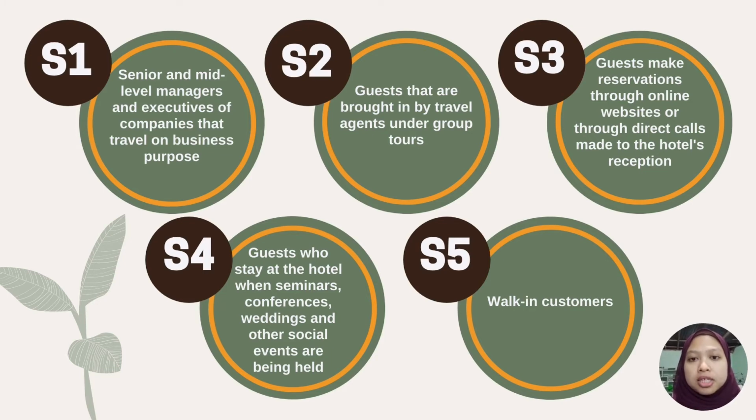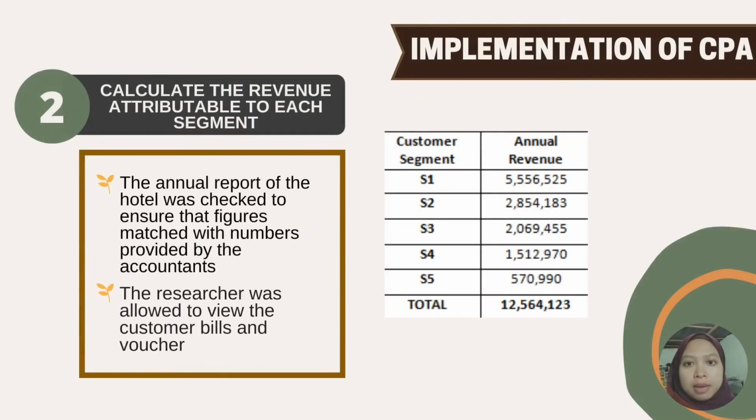The fifth segment is focused on the walk-in customers. These customers either are brought by taxi drivers from the airport or come during the holiday season, such as Chinese New Year.